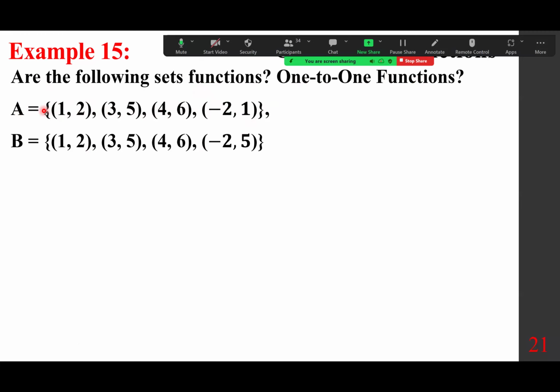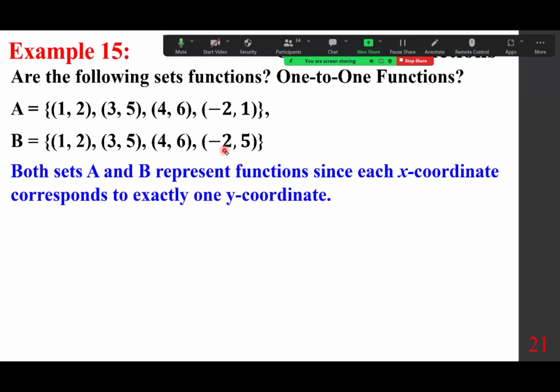So A is a function. Let's look at B. 1, 3, 4, -2. They are all different. So both sets A and B represent functions, since each x coordinate corresponds to exactly one y coordinate.